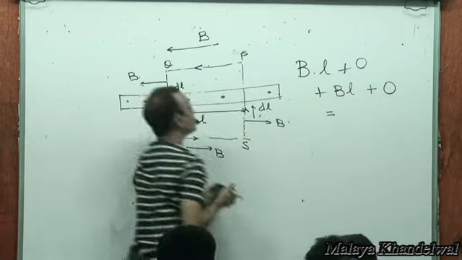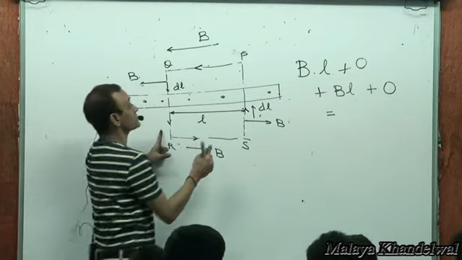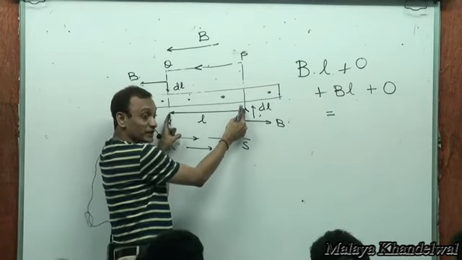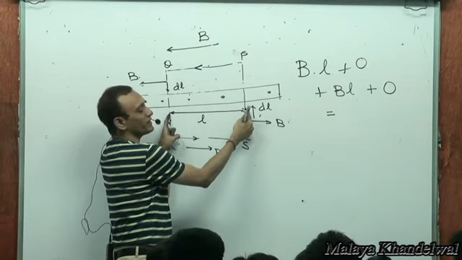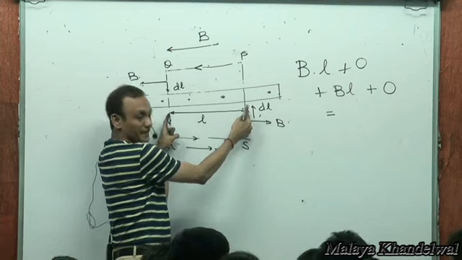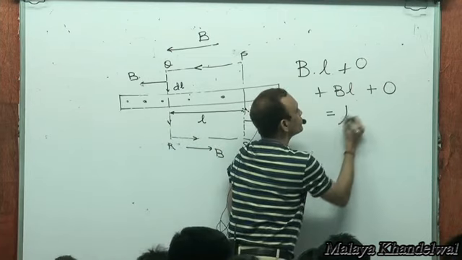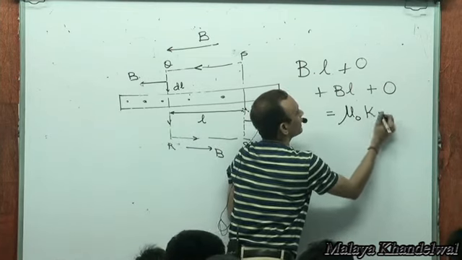And that must be equal to mu naught times the current enclosed here. Current per unit width is K. So current over a length L is going to be K into L. So that's going to be mu naught times the current KL.